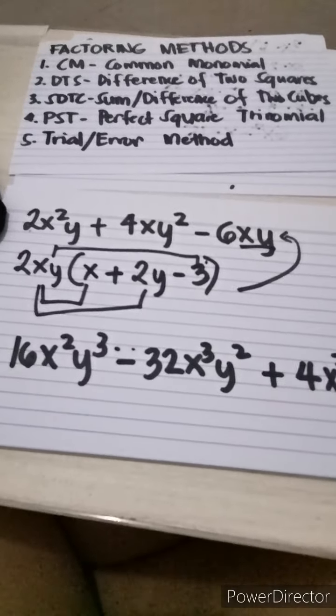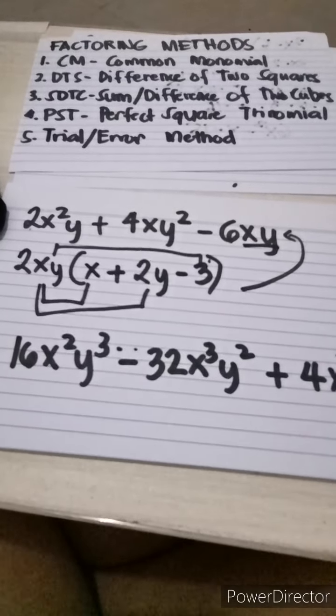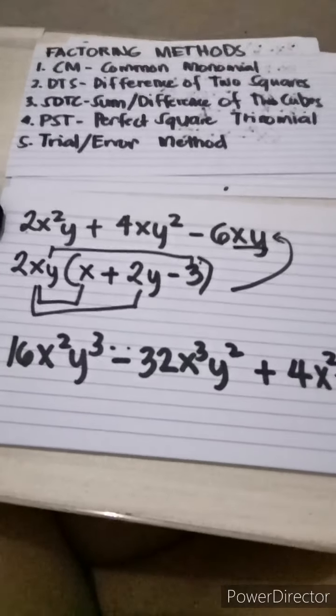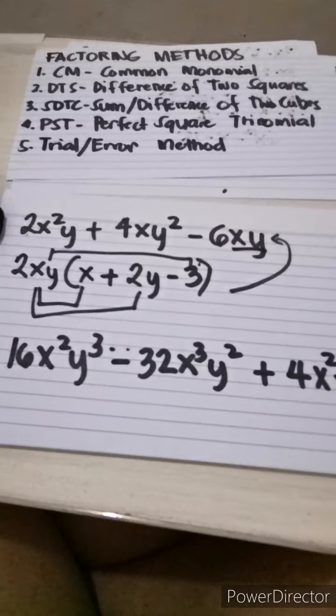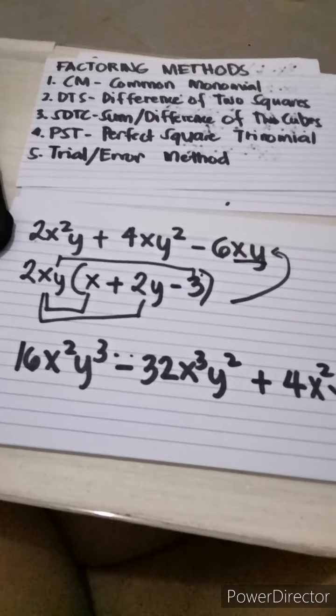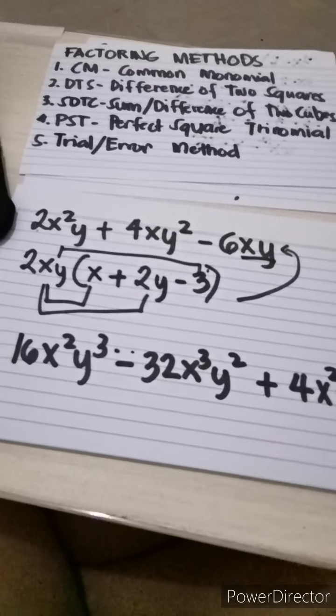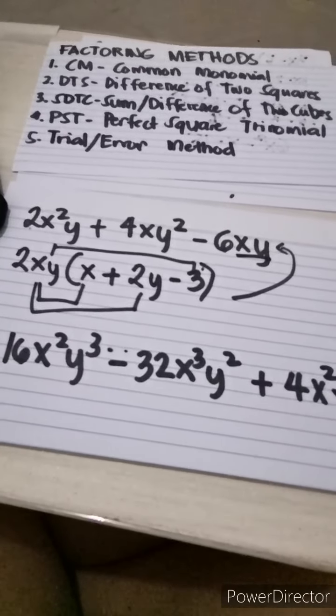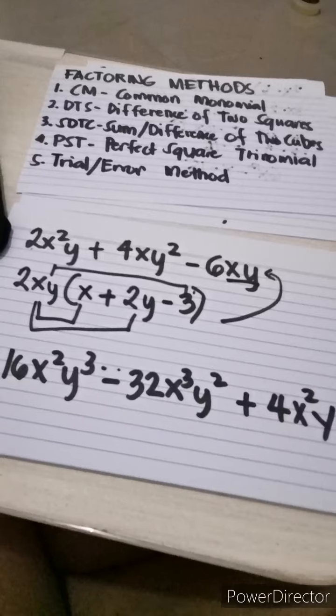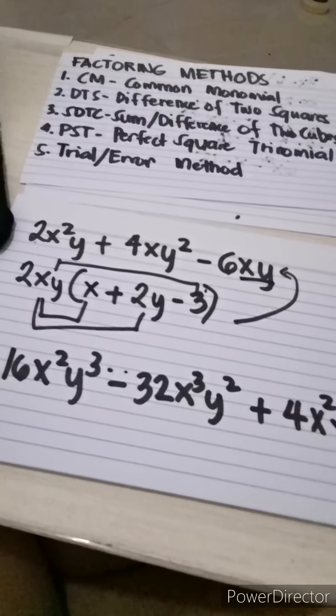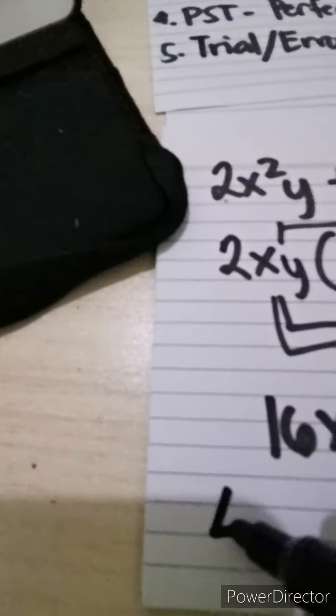Yung 32 pwede pa, 32 divided by 16 is equal to 2. Pero yung 4 divided by 16, ang magiging sagot niyan is fraction. So, we can't use 16 as the greatest common factor.